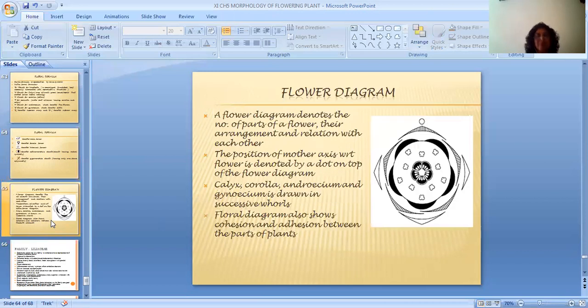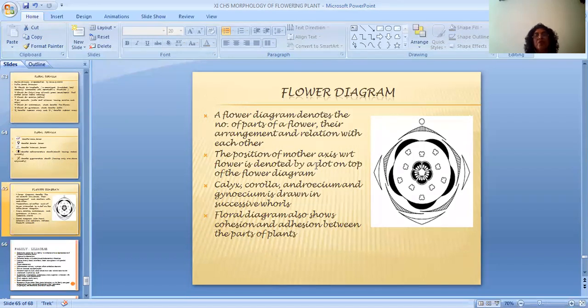Now let us see what a floral diagram is. A floral diagram provides information about the number of the parts of the flower, their arrangement, and their relation with one another. I'll repeat again. What does a floral diagram denote? It provides information about the number of the parts of the flower, their arrangement, and their relations with one another.